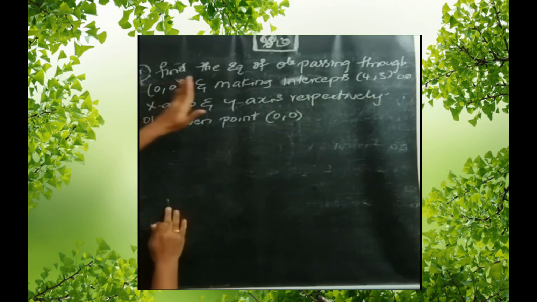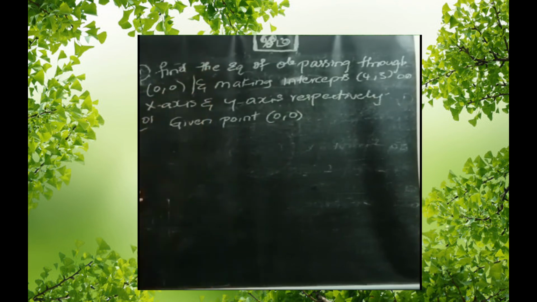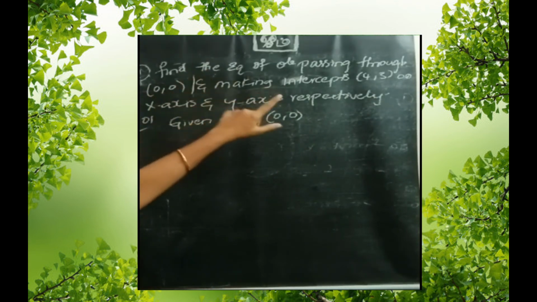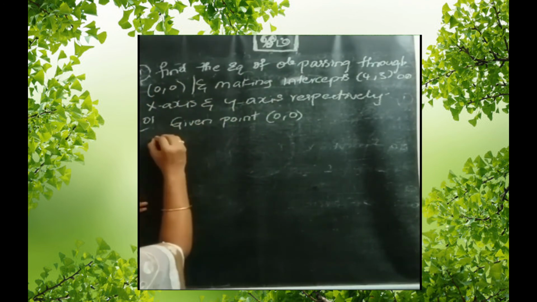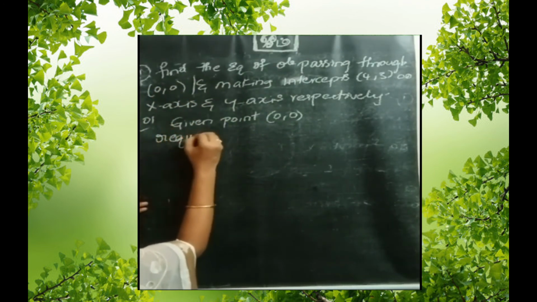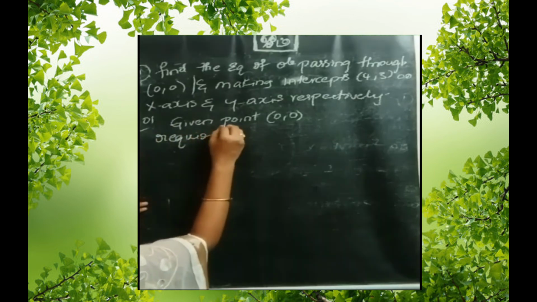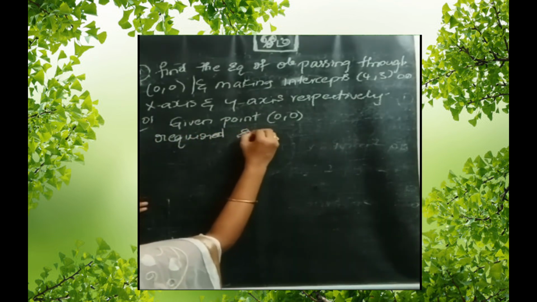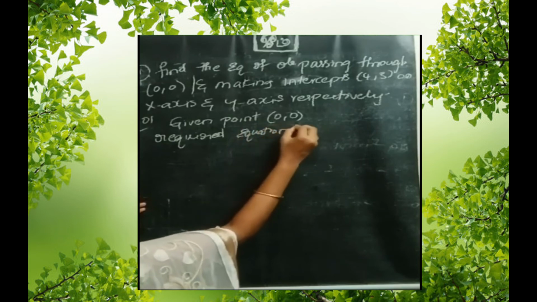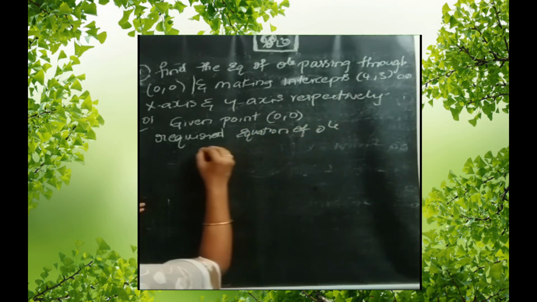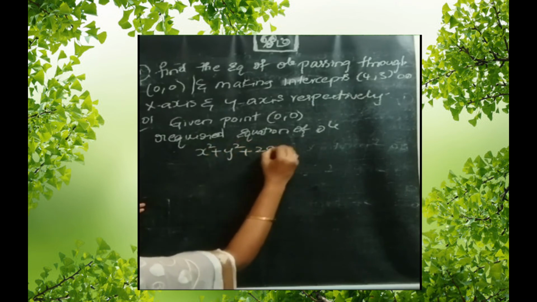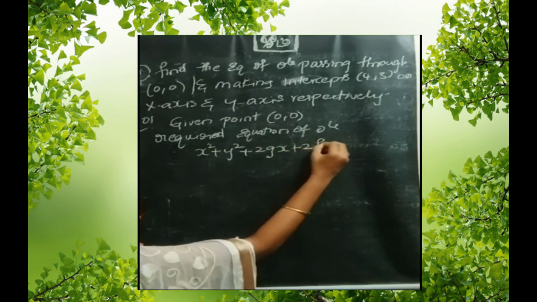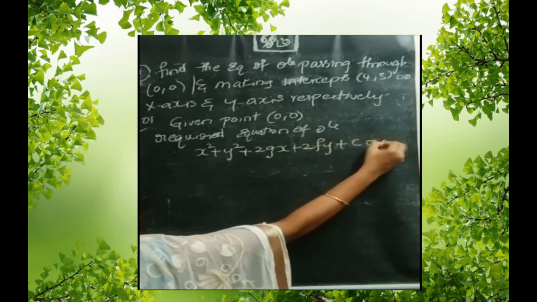So, first we have to make parts. This is the first part: find the equation of the circle passing through (0, 0). The required equation of the circle is x square plus y square plus 2gx plus 2fy plus c equals 0.